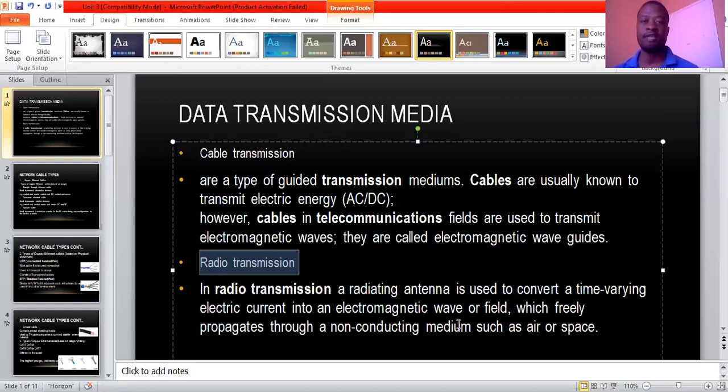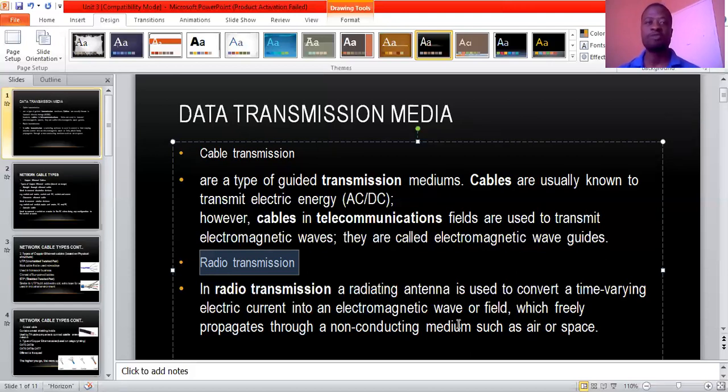As long as you have got a space, and you use certain technologies there, which we'll be discussing as we go through this presentation. So these are the two ways you can transmit media, either using cables or using space or air. With radio transmission, you don't need any cables, so it's a wireless transmission.